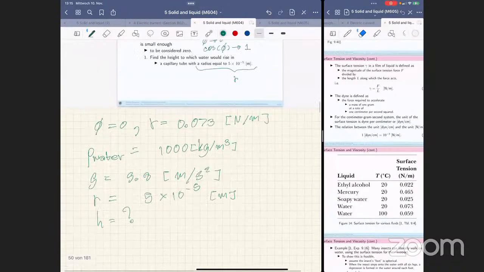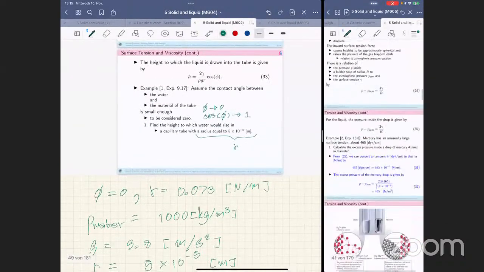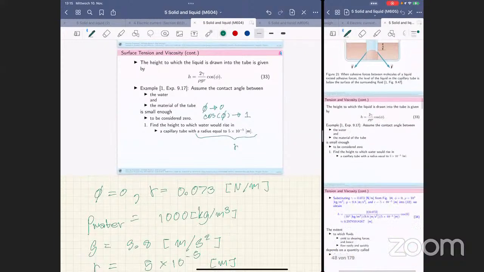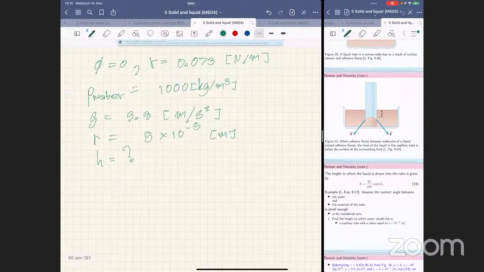So what is h in this case? We have to use this formula: h equals 2 gamma over rho g r cosine of phi, right?